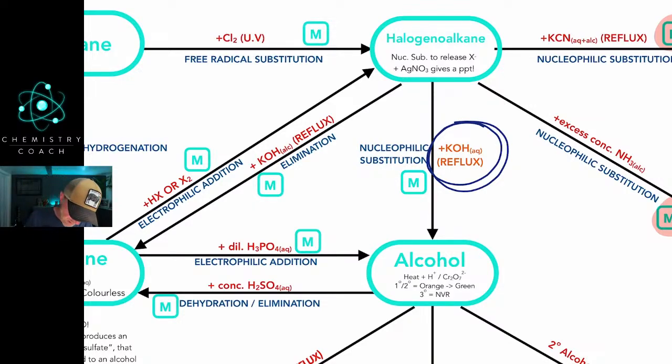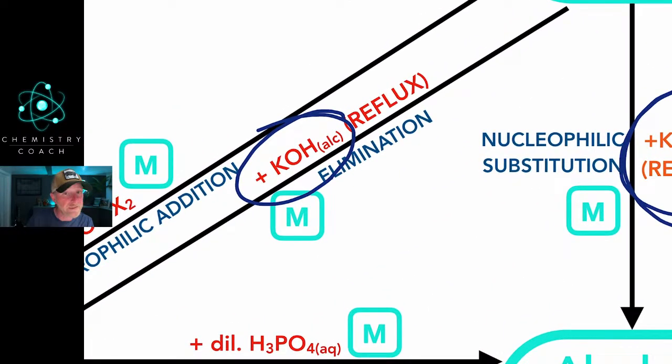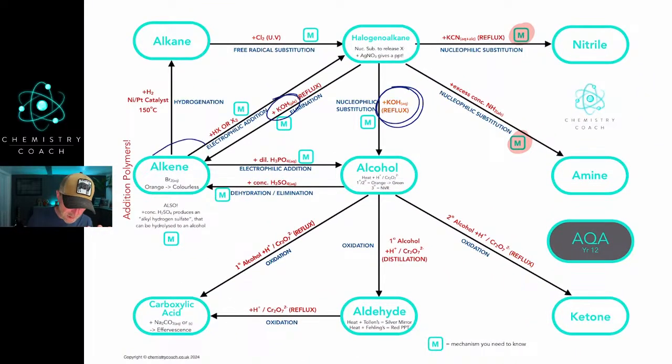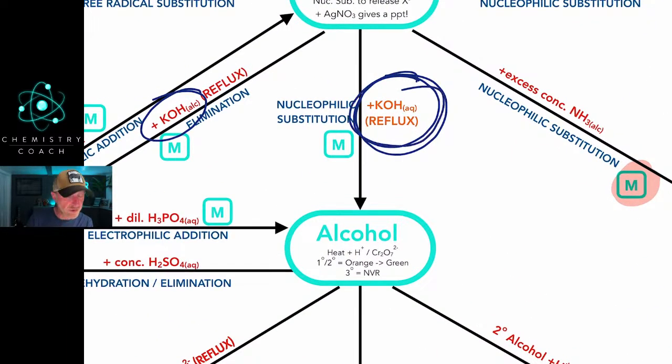If you use alcoholic potassium hydroxide, so potassium hydroxide dissolved in ethanol, then you get elimination and you end up with an alkene. So if you're asked what the reagent is for nucleophilic substitution, then it's aqueous sodium hydroxide or potassium hydroxide, doesn't matter. It can be lithium hydroxide.